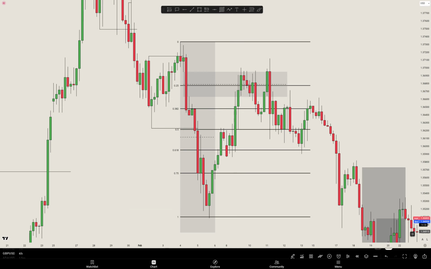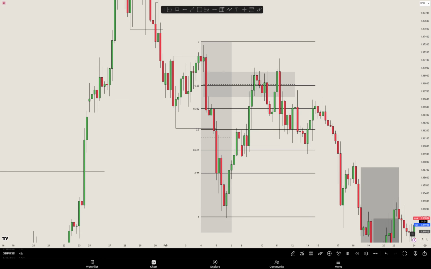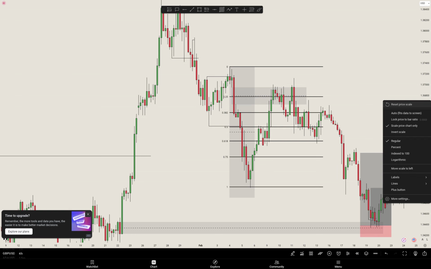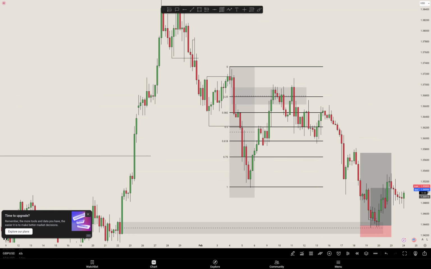We have that fair value gap there, where the market reacted from the fair value gap too, but it just had to go mitigate the other block at the top side.